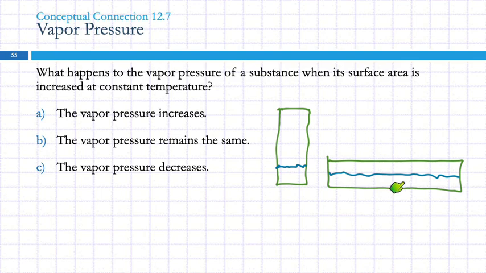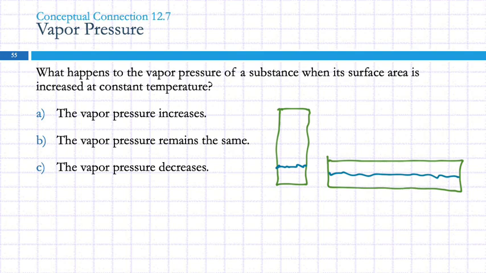Larger surface area, smaller surface area. Does surface area affect the rate of evaporation? Yeah. If you spread the water out on the table, it'll evaporate much faster than if you leave it all balled up together in a glass, right? So the rate of evaporation is going to be greater here.